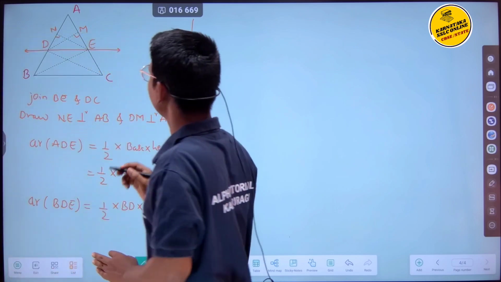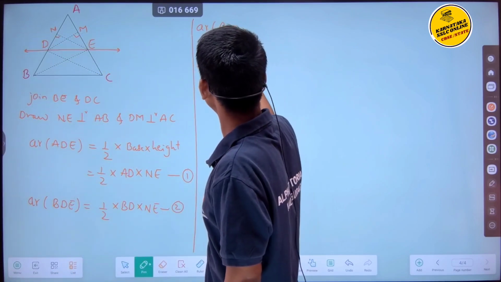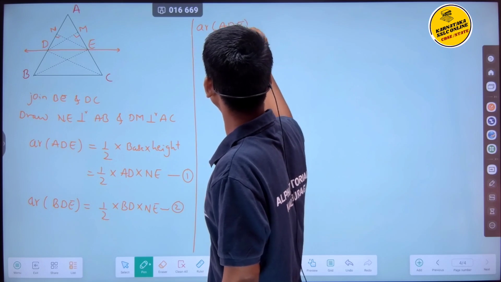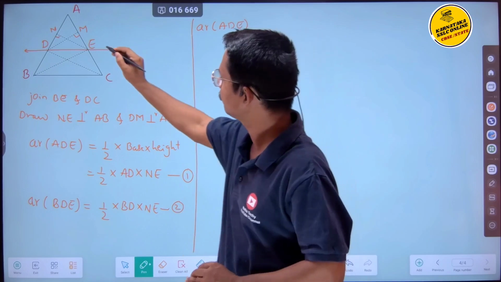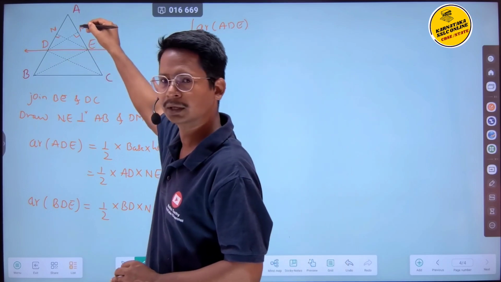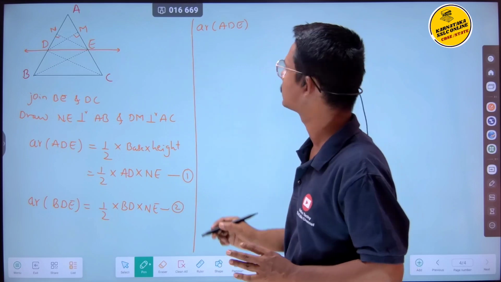Similarly, I'll find the area of triangle ADE again. But this time I'll consider AE as base, because I can find one more 90 degree here. On whichever side there is a 90 degree, that can be considered the base.